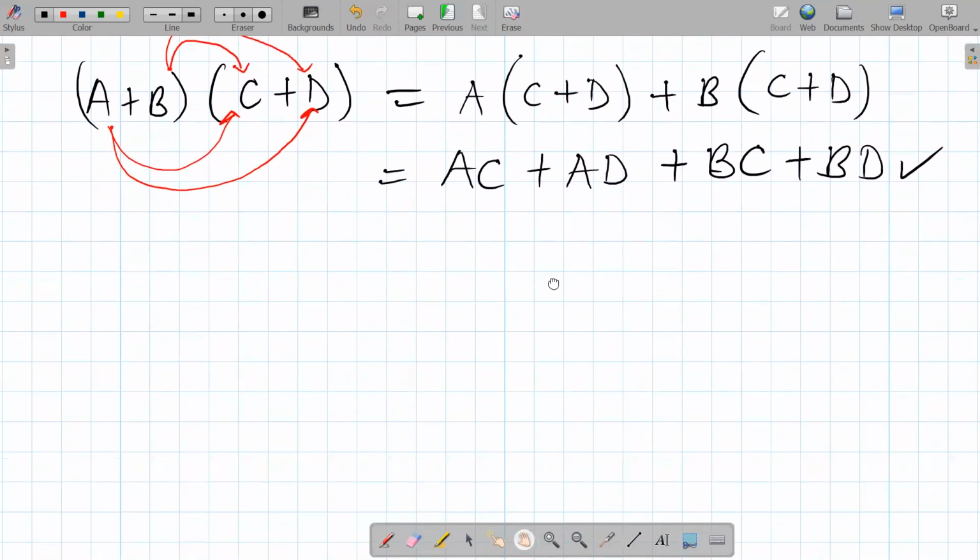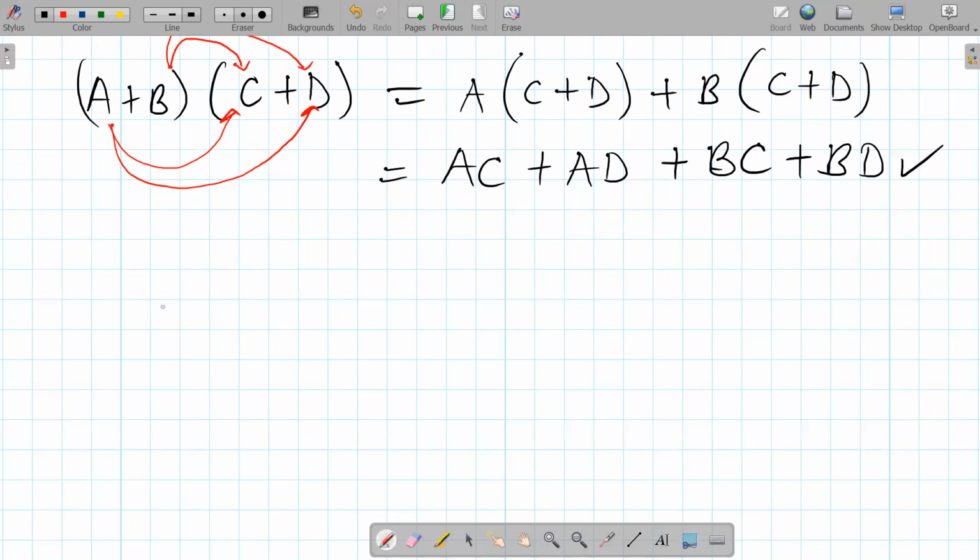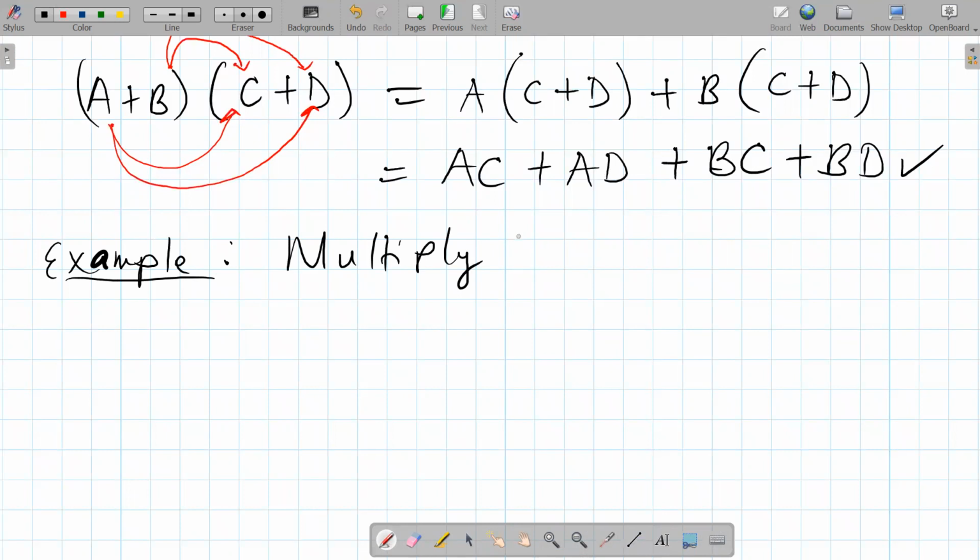So a typical example is to multiply x minus 2 and x minus 6.